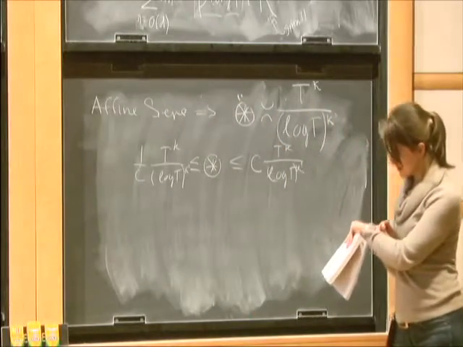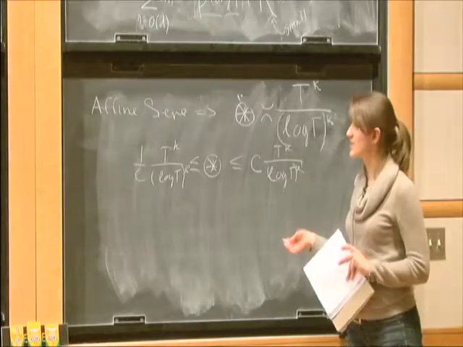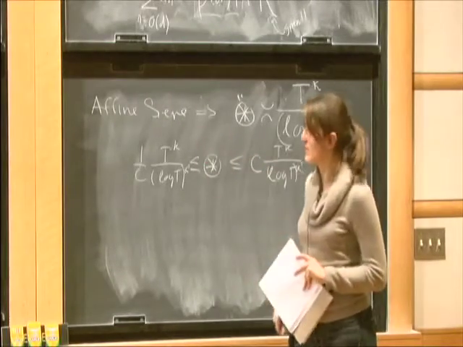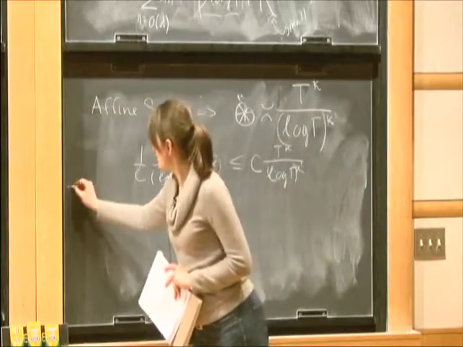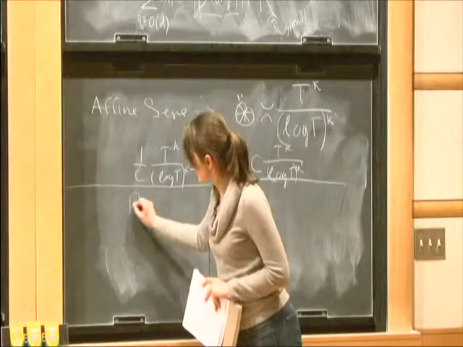Okay, and so I wanted to mention one example really quickly. There's lots of beautiful examples of problems which can be solved using the affine sieve. So one specific example which can be quickly described is that of Pythagorean triples.